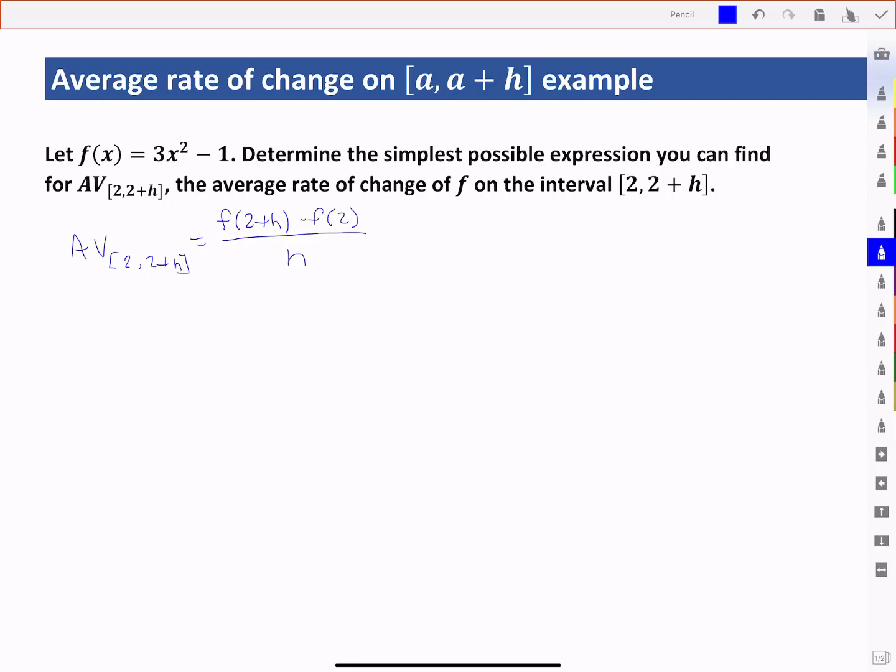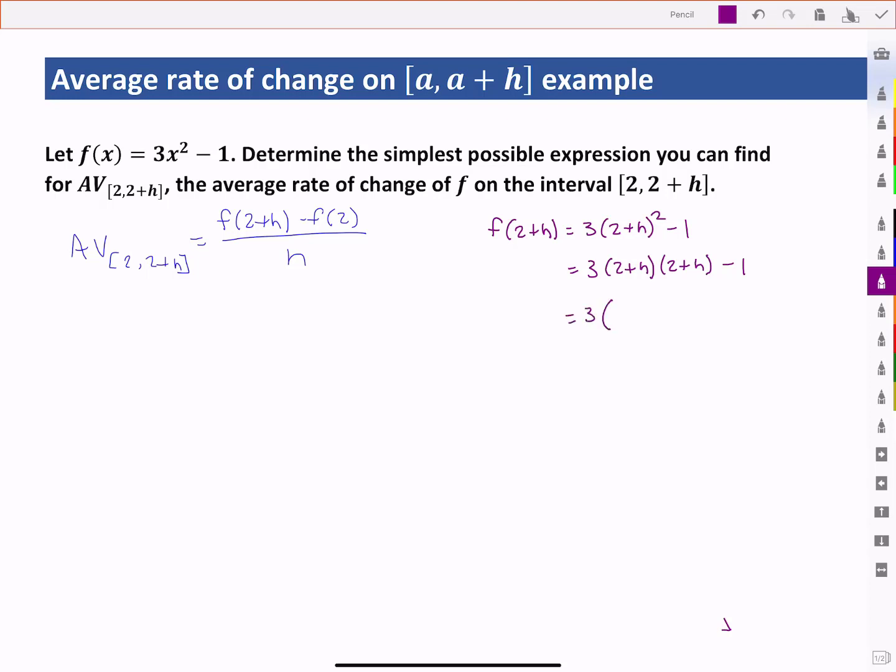Using the formula for f, we can see that f of 2 plus h equals 3 times 2 plus h squared minus 1. Squaring the 2 plus h gives us 2 plus h times 2 plus h, times 3, minus 1.